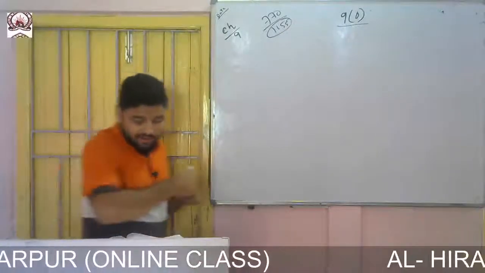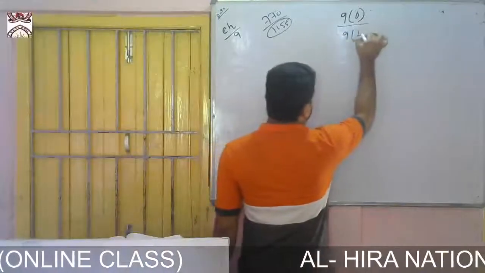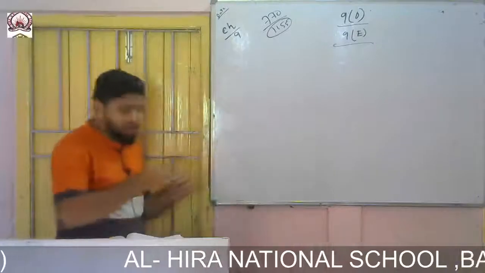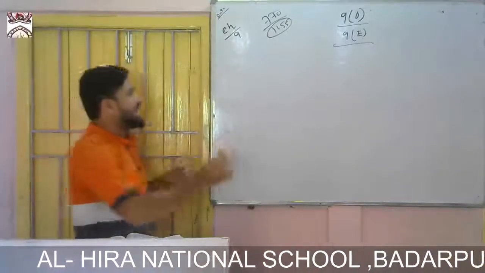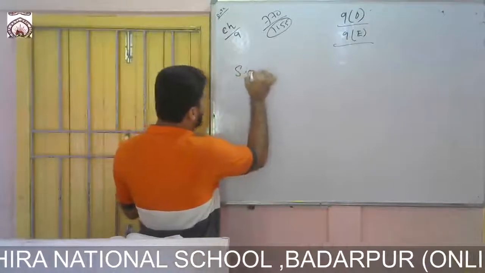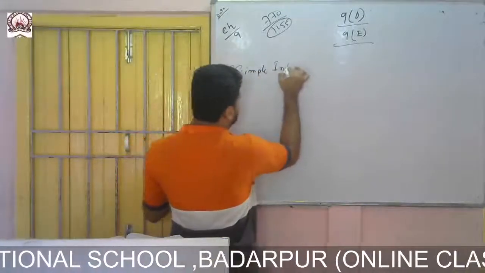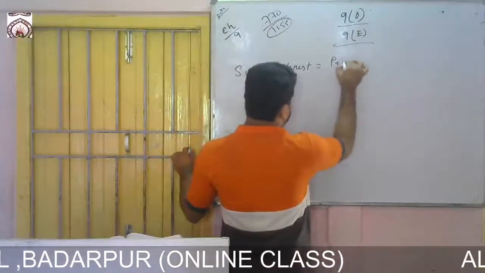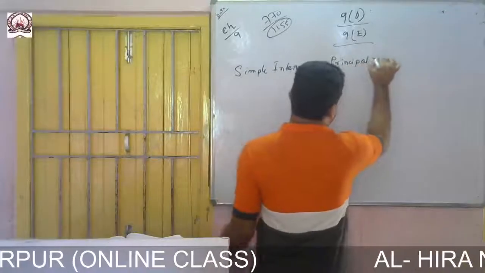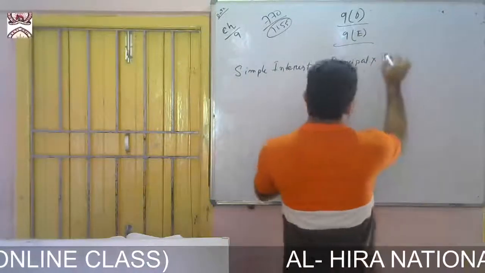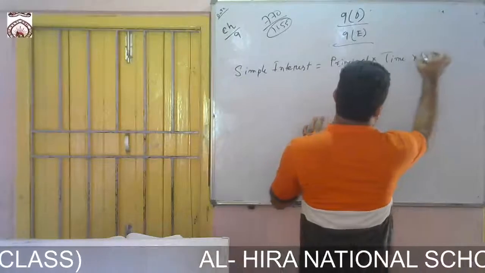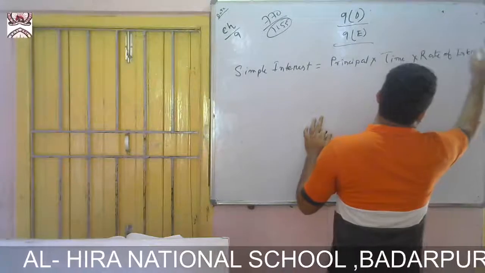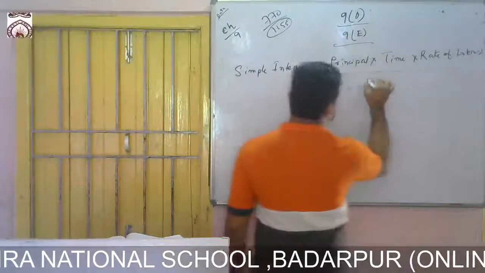Now 9E. Before solving 9E, you need to write some formula. Simple interest equals principal into time into rate of interest, by 100.